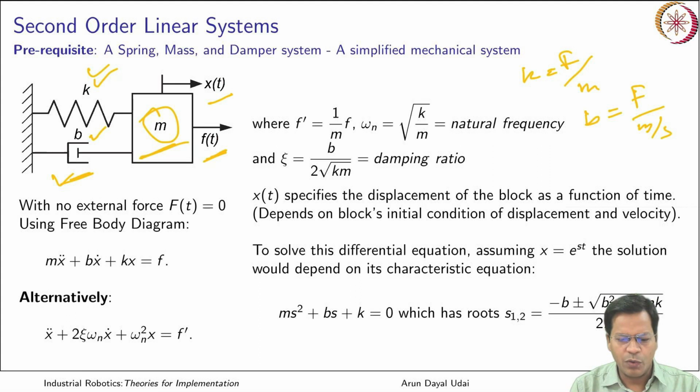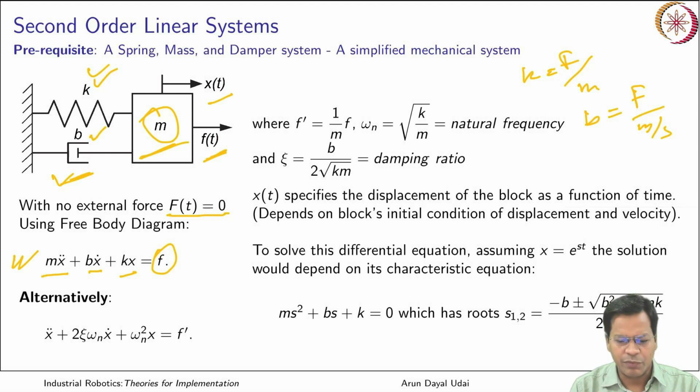With no external force, that is with F(t) equal to 0, the system can be written as m x double dot plus b x dot plus k x equals 0. That becomes your time domain dynamic equation of this spring mass damper system.